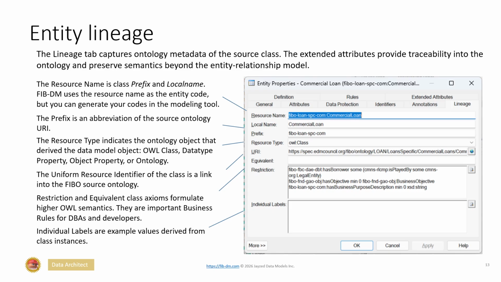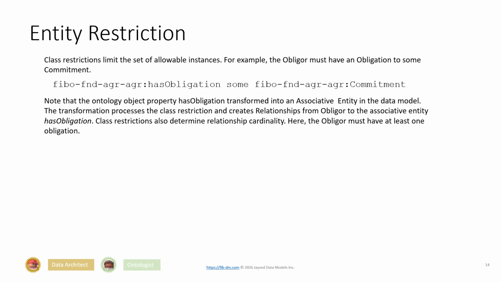However, we list them here in this entity lineage extended attribute. And here, class restrictions limit the set of allowable instances for a class. So here, for example, the obligor must have an obligation to some commitment.